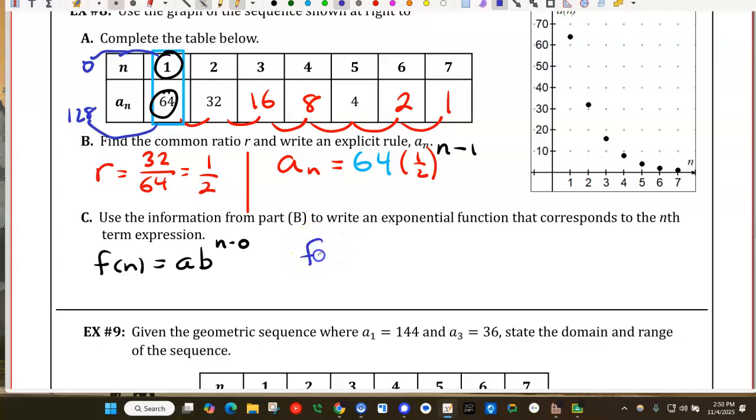So my full function notation would be f of n equals 128, same ratio of course, raised to the n minus 0, or just n power. So just know that these two are equivalent. They give you the same values.